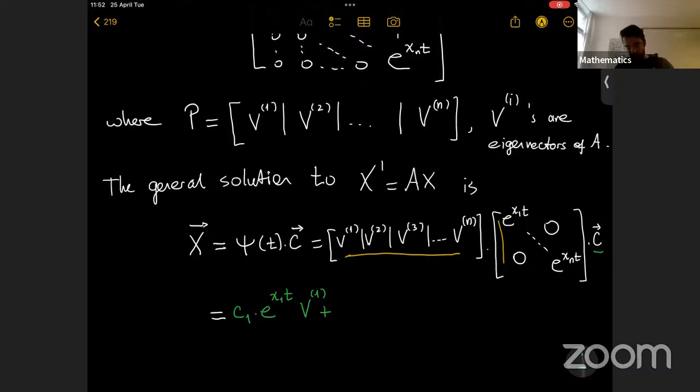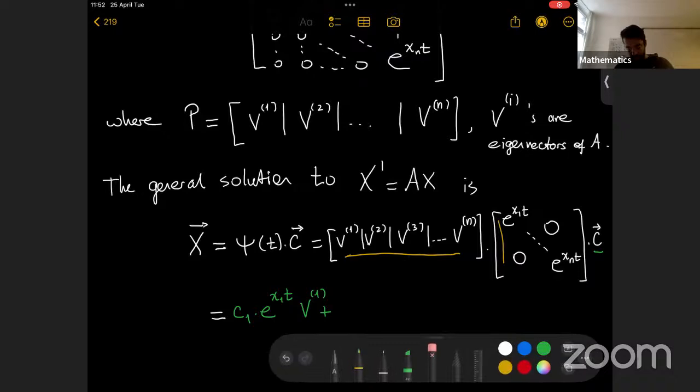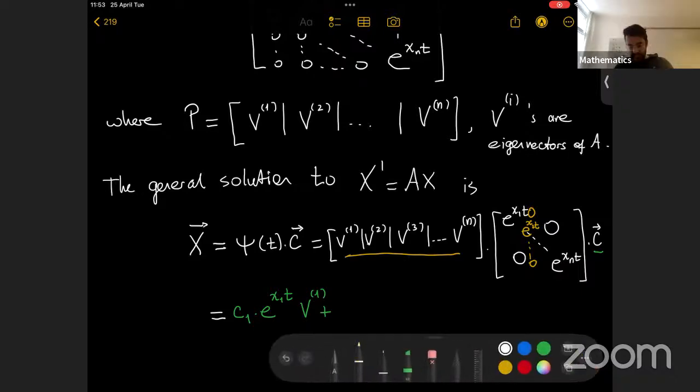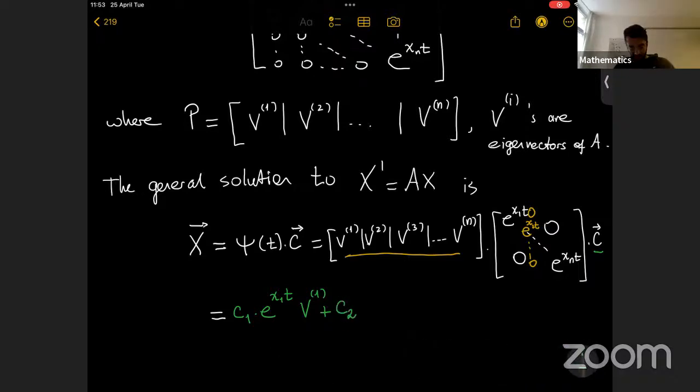Now you move to the second one, e to the lambda 2t. So basically you use the next one, e to the lambda 2t, and we have 0 here. So we use this column and the same row. So this gives you c2 times e to the lambda 2t times v2.